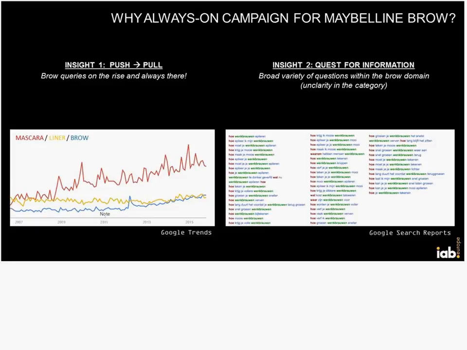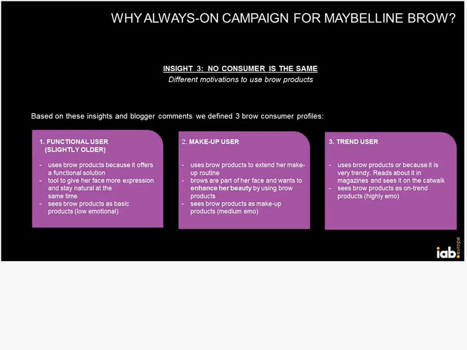Another insight, from our own research, is that there are different motivations to use brow products, and this was also the base of the campaign that we set up. Instead of going for demographic targeting of women 18 to 40, something that we normally do, we decided to split the different kinds of users that are out there.